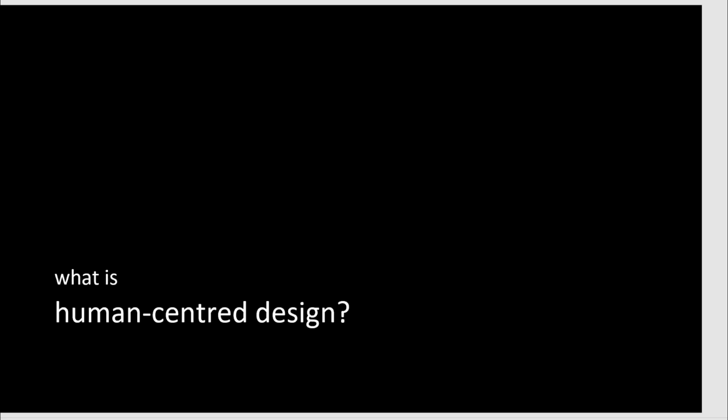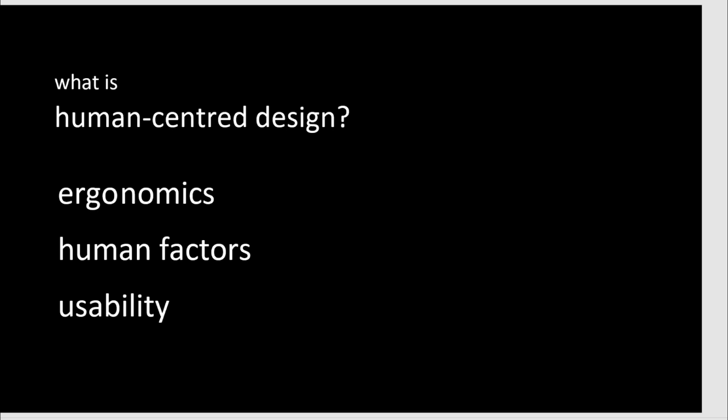So we'll begin with the question of what is human-centered design. When we think about human-centered design, we consider designing for humans. We can break that into 3 subtopics: ergonomics, human factors, and usability.